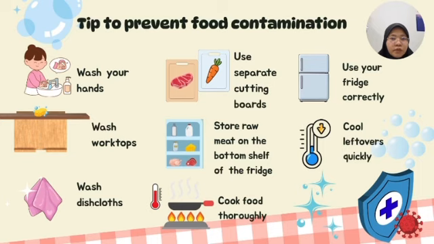Next, use your fridge correctly. Make sure the fridge temperature is around 0 Celsius to 4 Celsius. Store food in closed containers and arrange it well. Finally, cool leftovers quickly. Don't leave food at room temperature for too long. Store in the fridge within 2 hours of cooking.